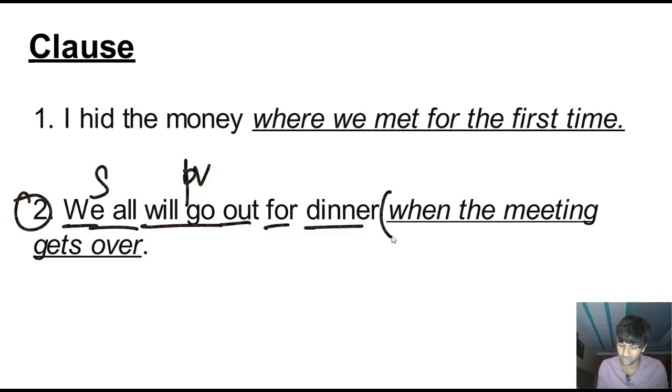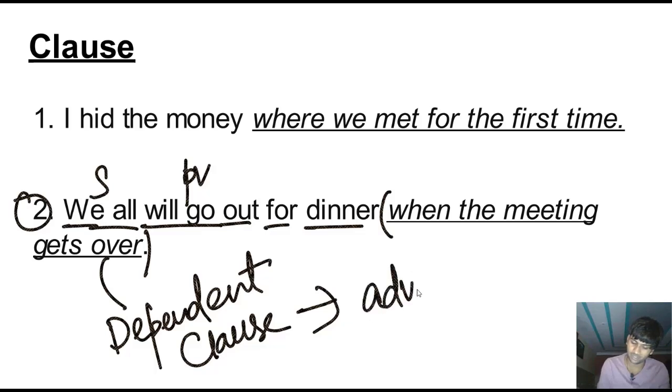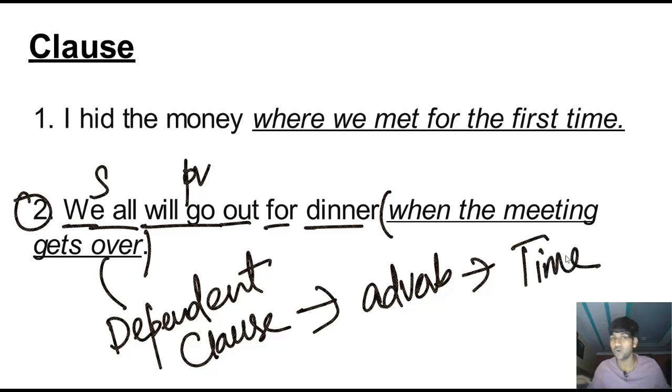So this, when the meeting gets over, is again a dependent clause that is working as an adverb and telling us the time of the action. When will we go out for dinner? When the meeting gets over. Let's suppose this is the time on the clock when the meeting gets over, and this is the time when we leave for dinner.